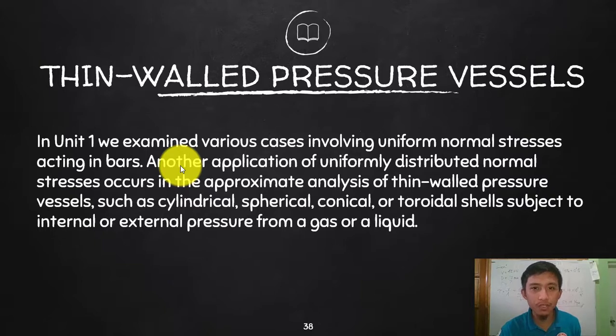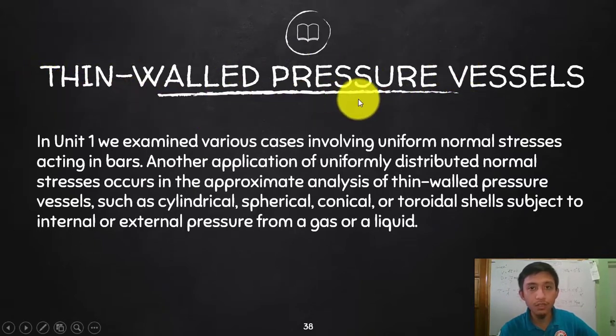This thin-walled pressure is a normal stress, but it is now called by a specific name, because that is the type of normal stress that we can find on thin-walled pressure vessels. But it is still a normal stress.